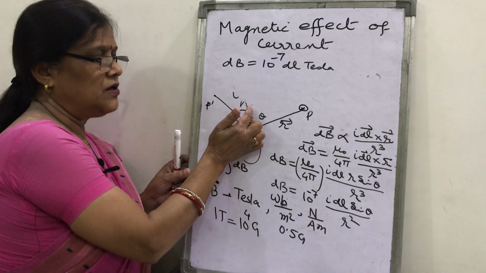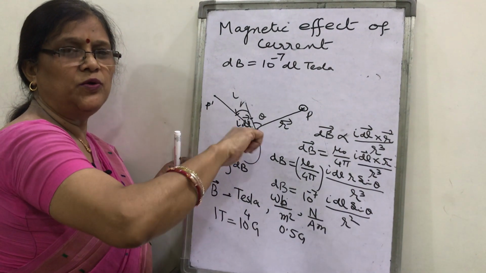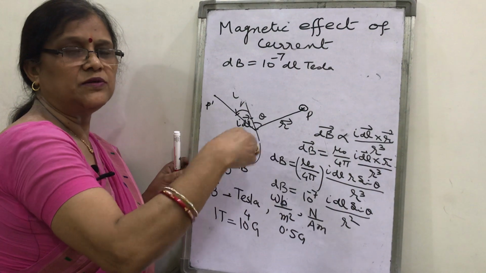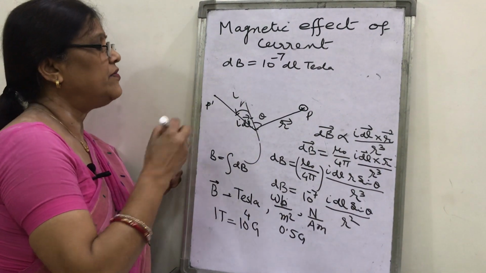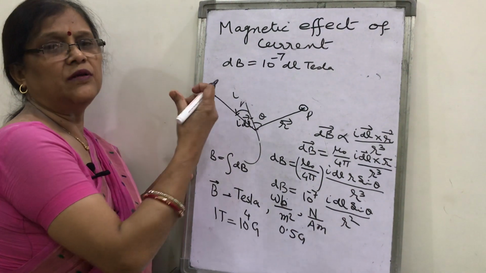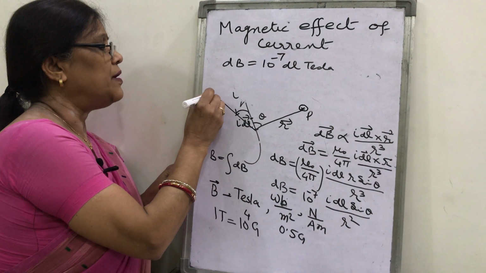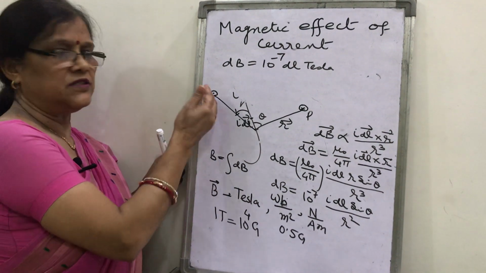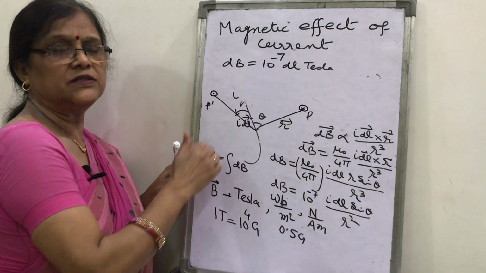This will be anti-clockwise, and you think that you are opening a screw, then the screw comes out. So what will be the direction of magnetic field? The tip of the screw will move forward, that is perpendicular to the plane of paper, upwards. This is perpendicular to the plane of paper, downwards.